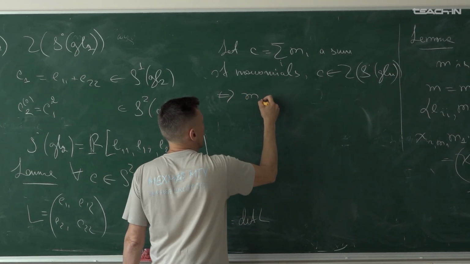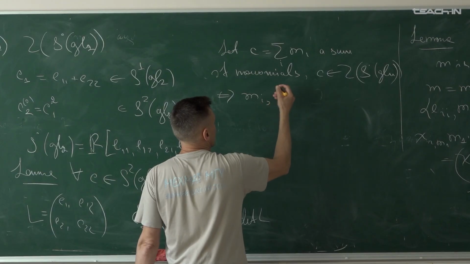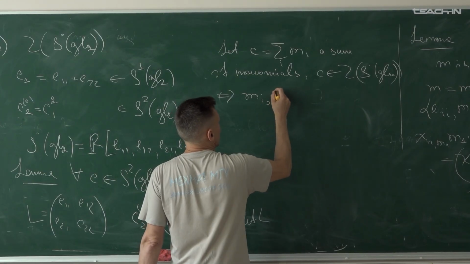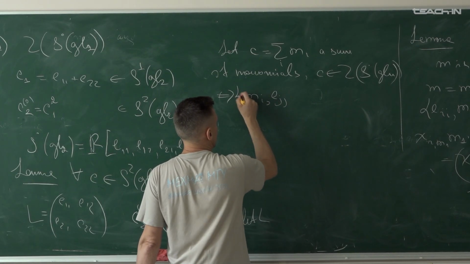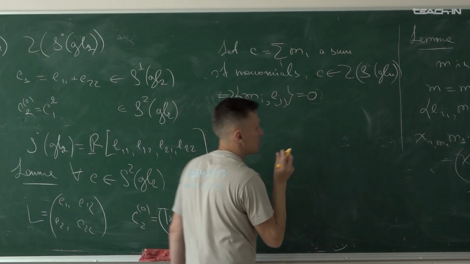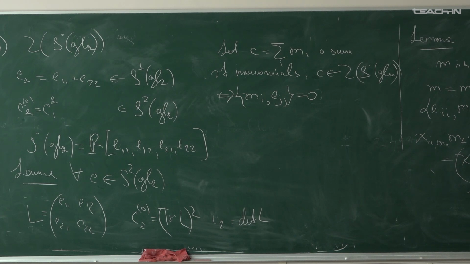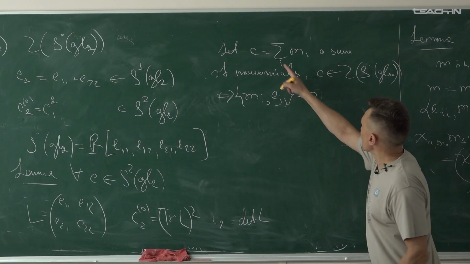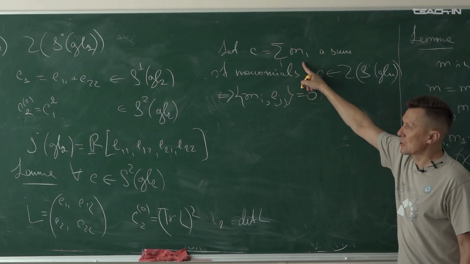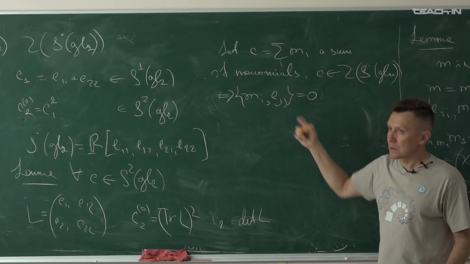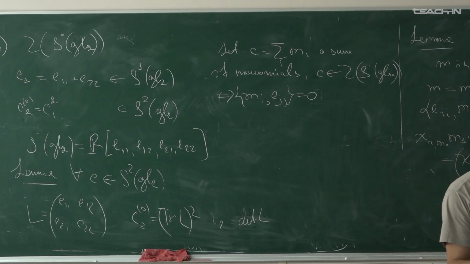Then each M_i commutes with E_jj separately. So if the sum of monomials commutes with diagonal elements, each monomial commutes with the diagonal elements.